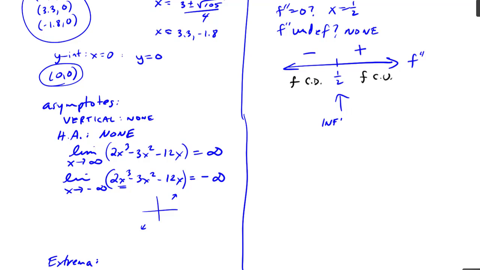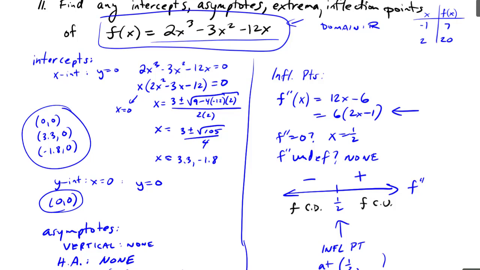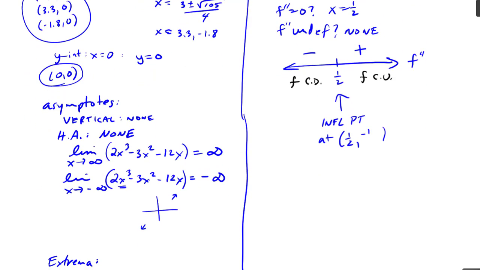So this is my inflection point at 1/2. And if I were to plug in 1/2, what you're going to get is -13/2 out of that function. And so there's my inflection point.